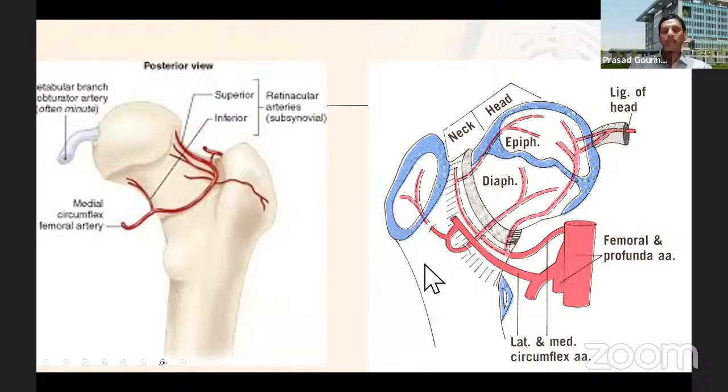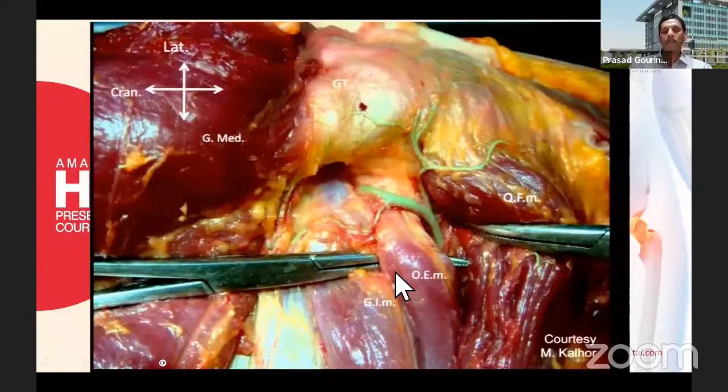The best way to preserve it is to cut your tendons and rotators more medially so that you leave at least 1 centimeter from the GT to protect this vessel. So this vessel comes between the quadratus femoris and the obturator externus. You don't see the obturator externus when you're actually dissecting, but you cut it all the time when you do posterior approaches because you usually see only the tendon.